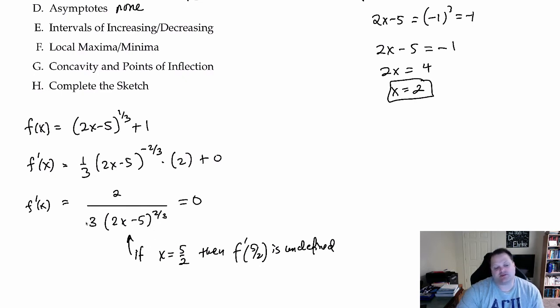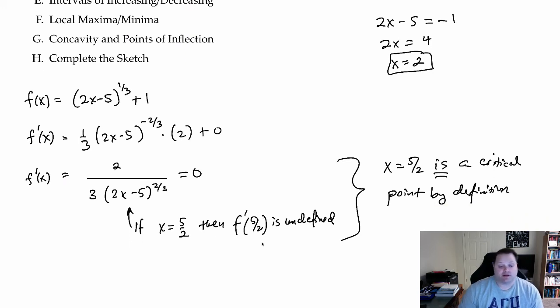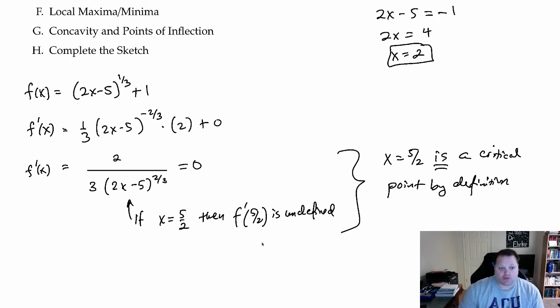I produce an asymptote in the bottom. So x equal to 5/2, all this tells me here is that x equal to 5/2 is a critical point by definition, because it's a place where the derivative is undefined but the original function was defined. So I do have a critical point.